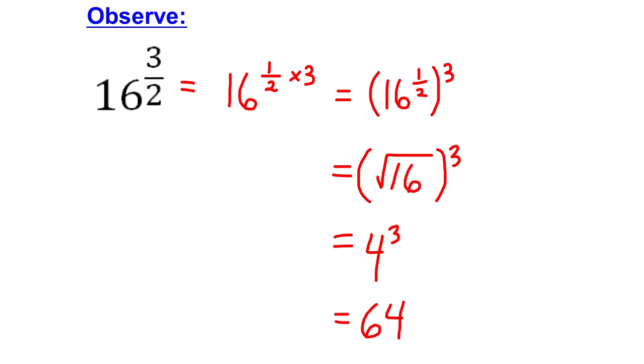So look at this. 16 to the exponent 3 over 2 is the same as 16 to the exponent 1 over 2 to the exponent 3. So I can rewrite my rational exponent as a radical with an exponent. The denominator of the fraction in my exponent tells me what kind of root I'm taking.